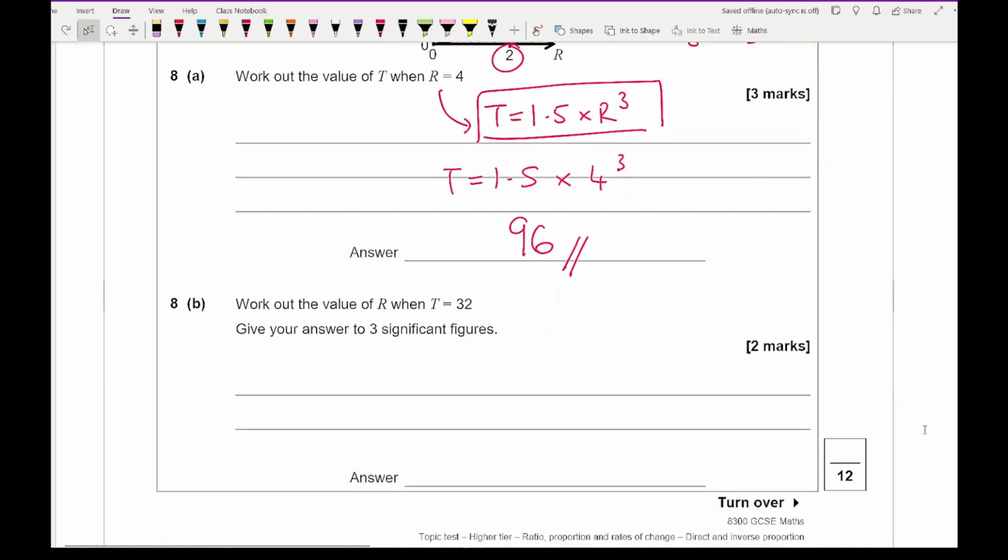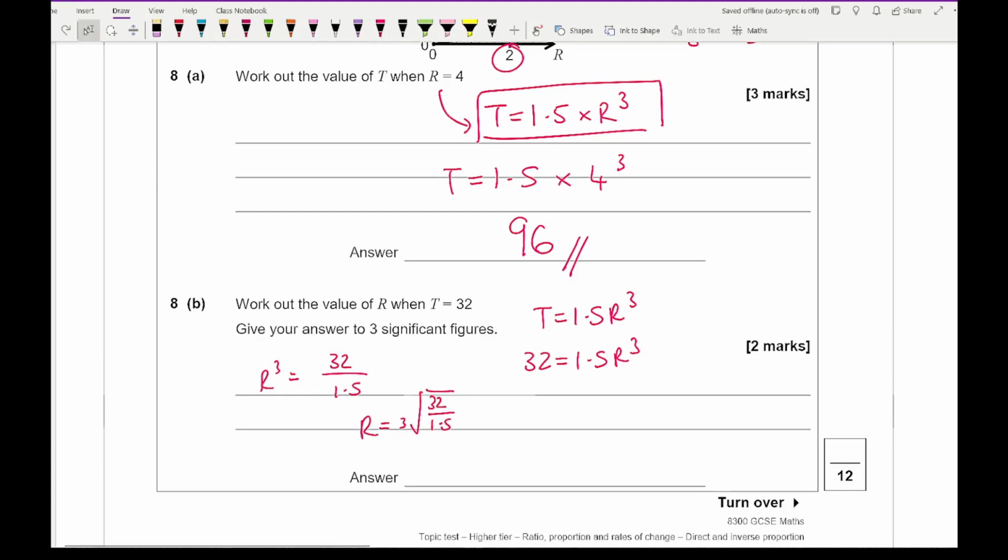Then for B, it says work out the value of r when t equals 32. Give your answer to 3 significant figures. So here, using this formula of t equals 1.5 r cubed, I know t is 32, so I've got 32 equals 1.5 r cubed. So r cubed equals 32 over 1.5. So then r is going to equal the cube root of 32 over 1.5.